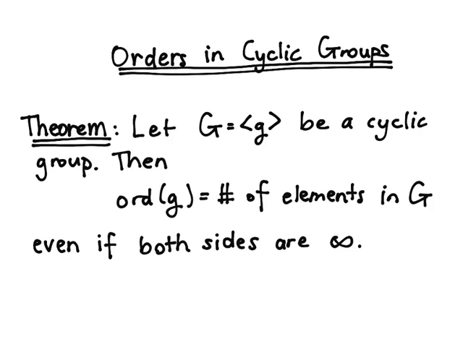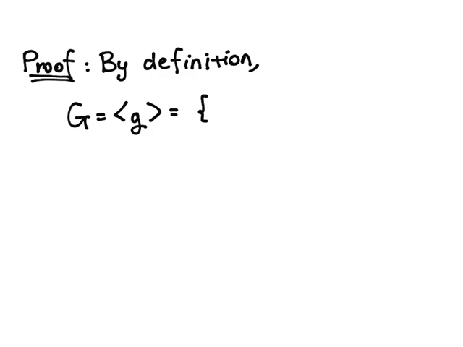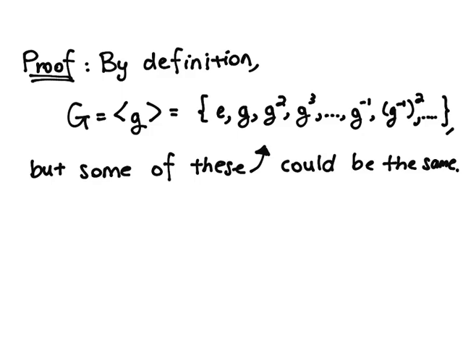All right, so let's start proving this theorem, and the first step is to write out what the elements in a cyclic group capital G really are. Namely, by definition, when we say that the group capital G is equal to the subgroup generated by the element lowercase g, that means that its elements are the identity and lowercase g as well as all of its powers, and g inverse as well as all of its powers.